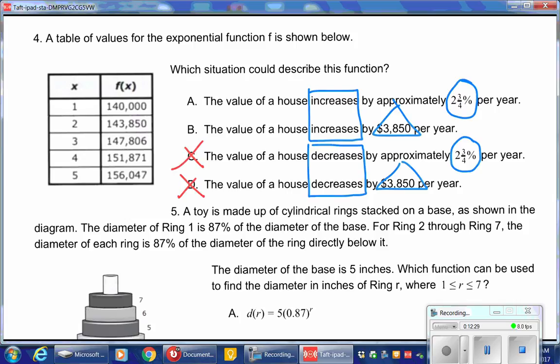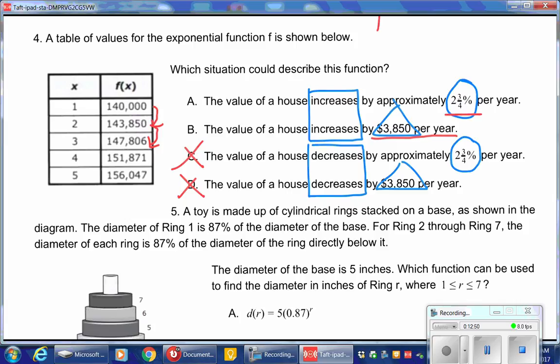Next, we have to decide, is it increasing by $3,850 per year or 2 3/4%? The first year increases by $3,850, but from the second to third year, it does not.